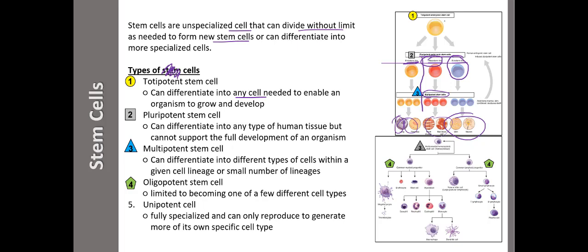So what you can see here is as it goes down the stem cell line, it becomes more specialized and less able to actually create a whole new human being, right?